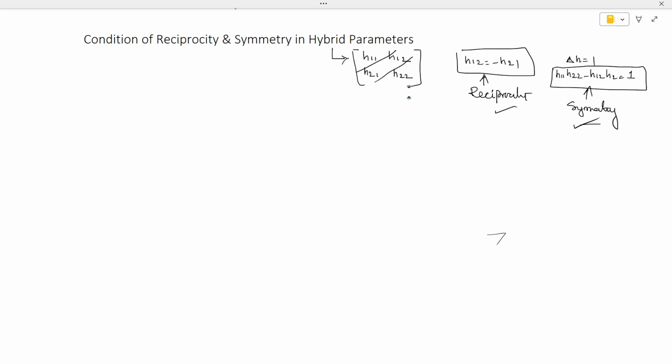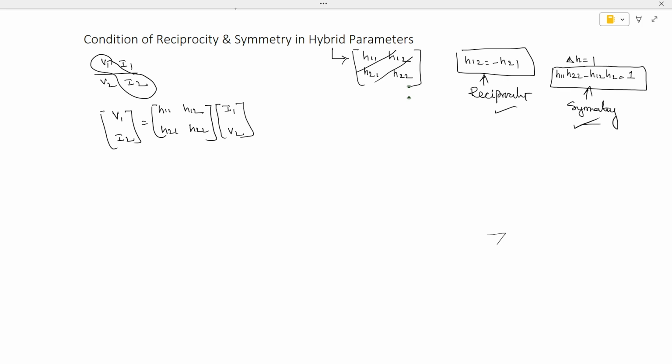Coming to the proof, how to write down this equation: we have V1, I1 at the input port, and at the output port we have V1, I2. These dependent variables are equal to the matrix H11, H12, H21 as well as H22 multiplied with I1, V2.